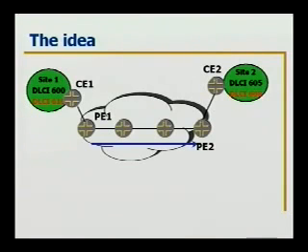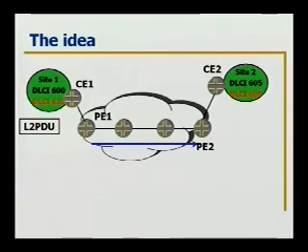So let's see what happens when an L2 PDU is sent from CE1 to PE1. PE1 is going to, based on the DLCI and interface, find out which one is the VPN label and which one is the PE to which we need to send this traffic.